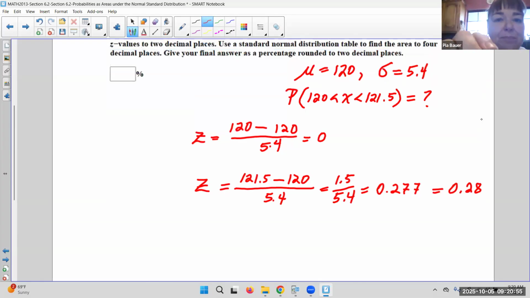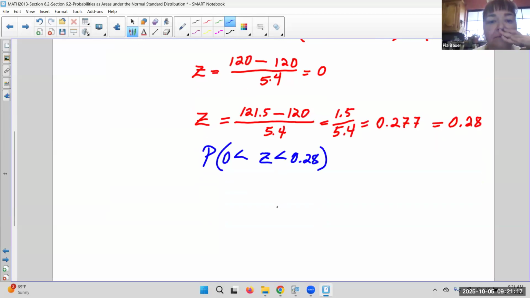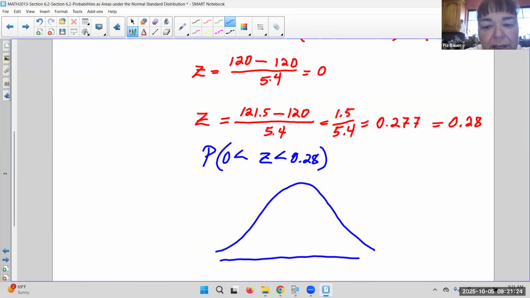Okay, so now that probability becomes the probability that a Z-score is between 0 and 0.28. And since the tables are not given directly in these problems, that's why I prefer to actually think about using the calculator and think about the area under the curve. So this is the mean, and that's where the z-score is 0.